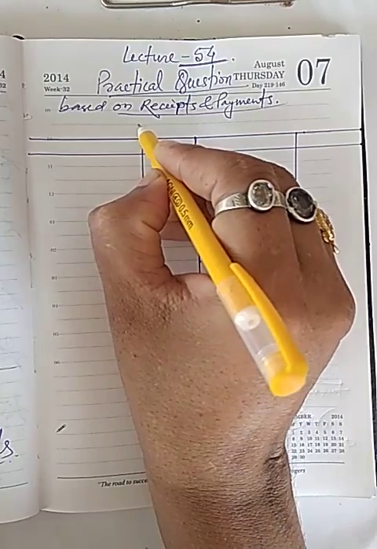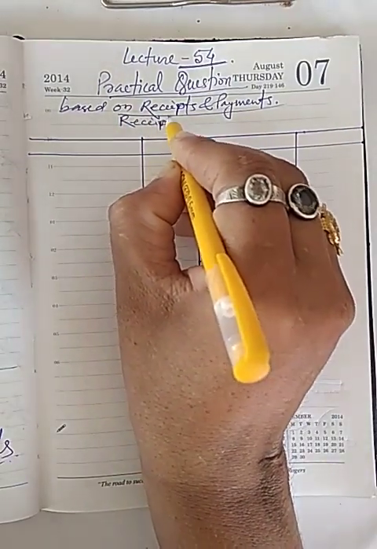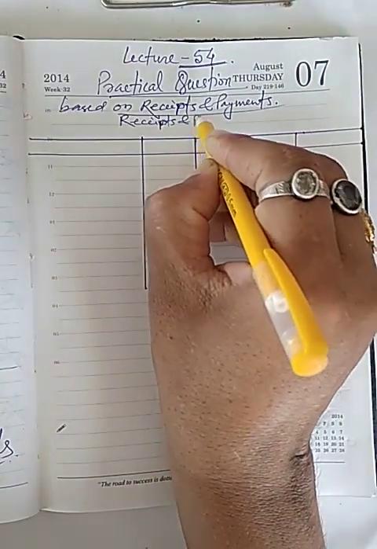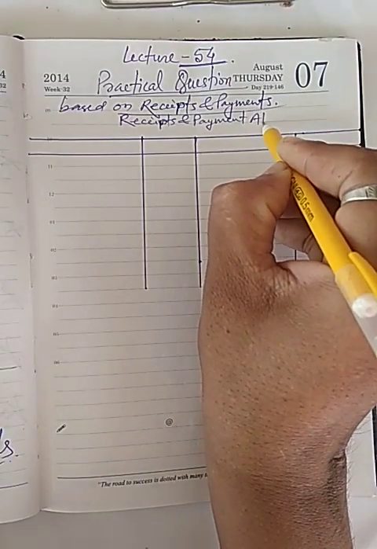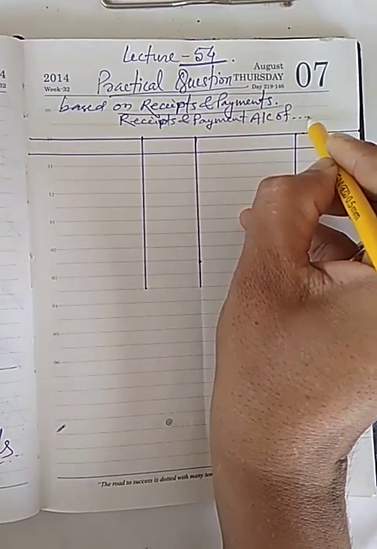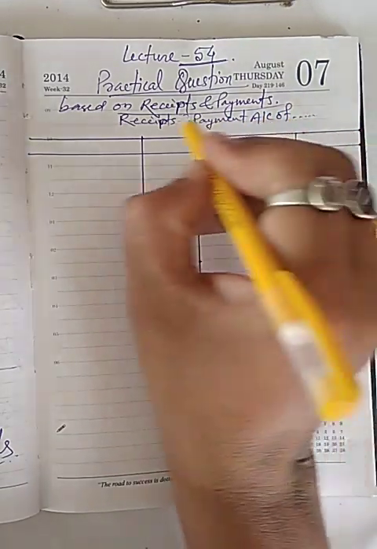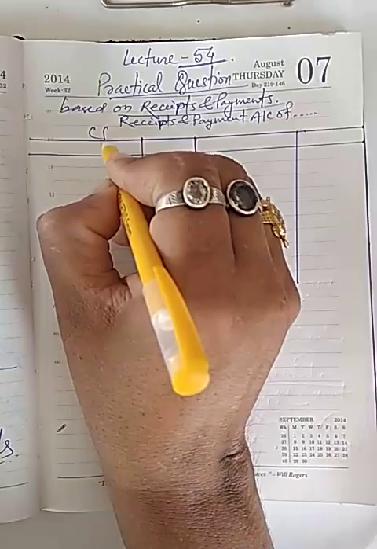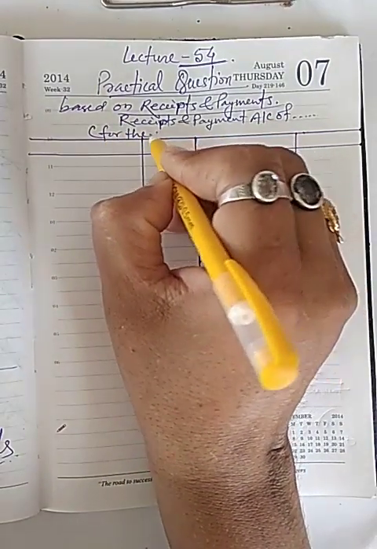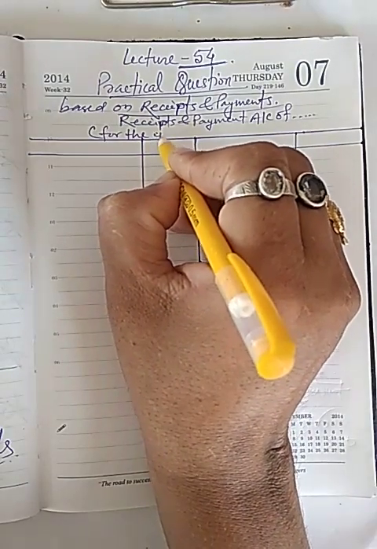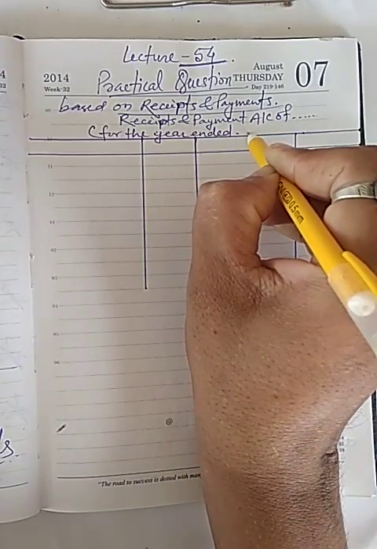I will write receipt and payment account of, it will be the name related to club and hospital, for the year ended, now date.